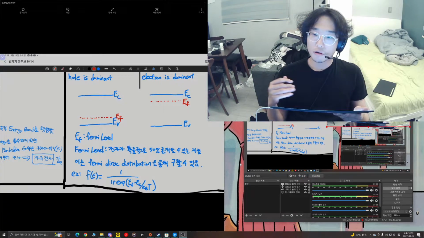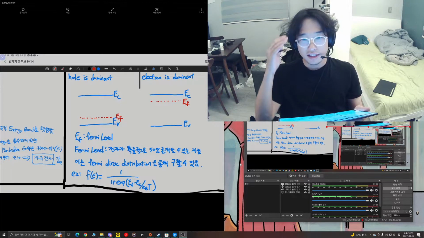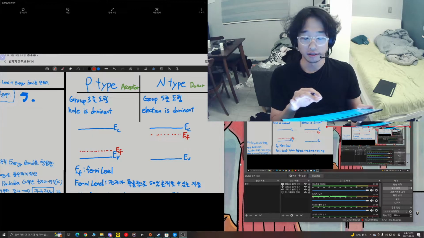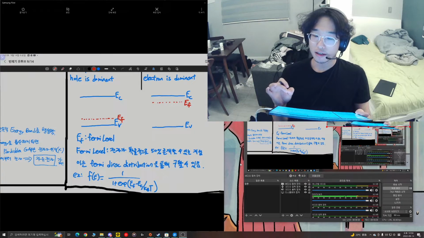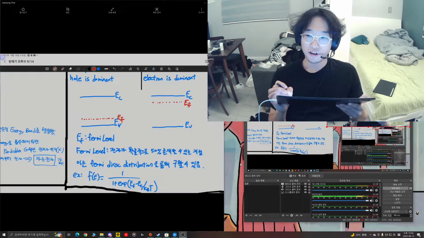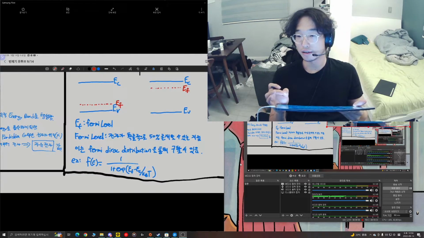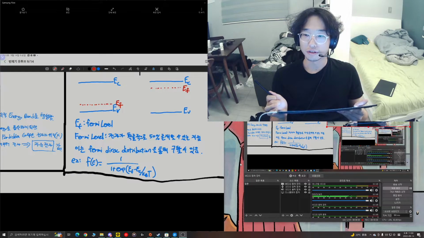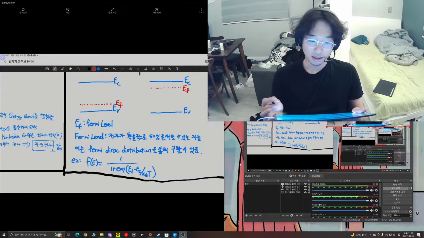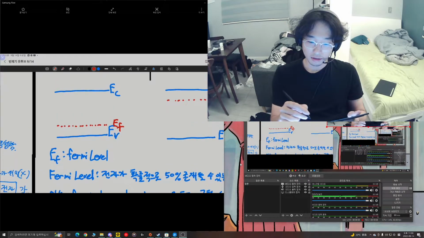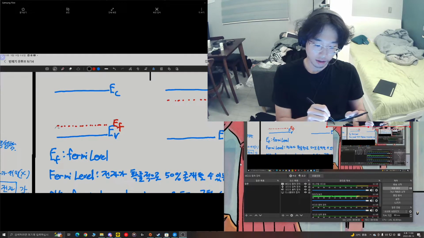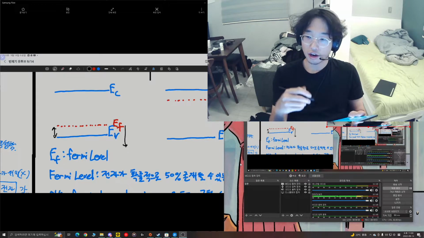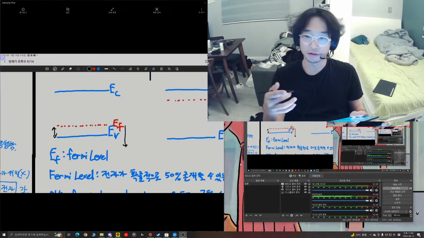But how can we see the difference between p-type and n-type at energy band level? Then we have to know what the Fermi level is. The Fermi level is a probability about whether half of the electrons can be there. So if the Fermi level is about up here, under the Fermi level there will be a 50% electron possibility.